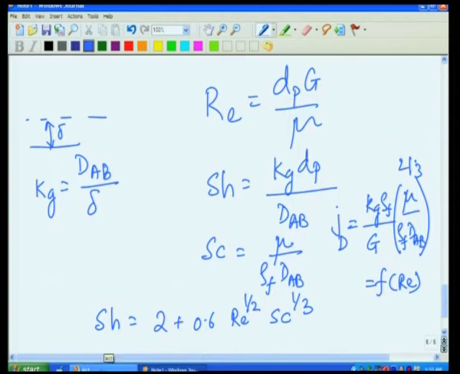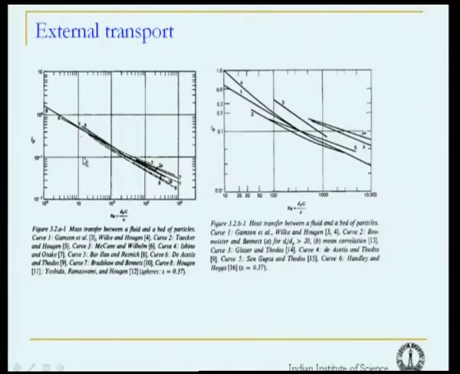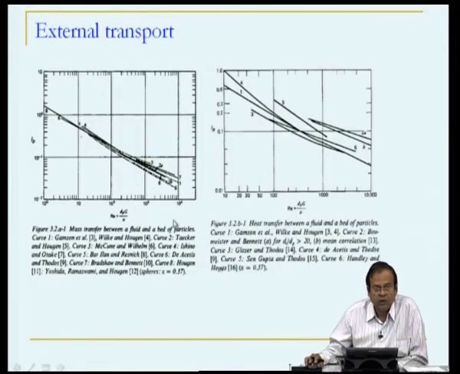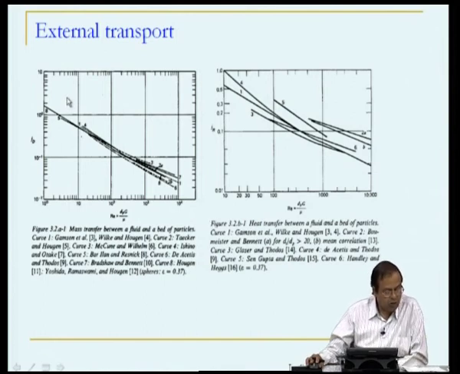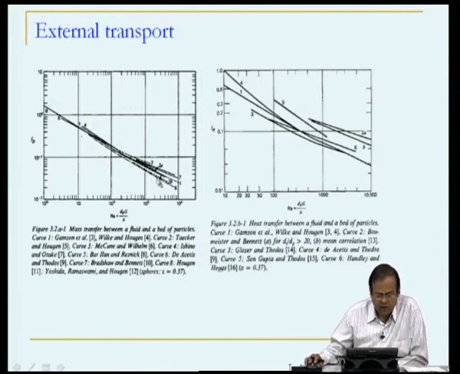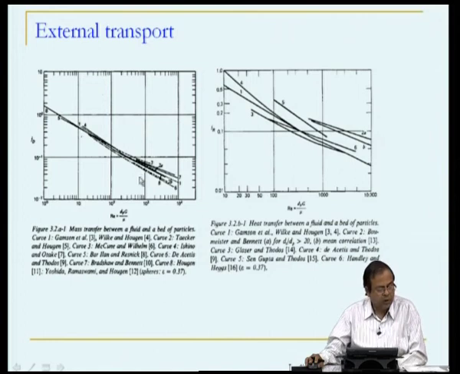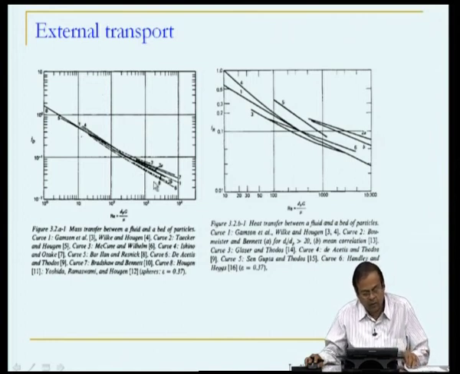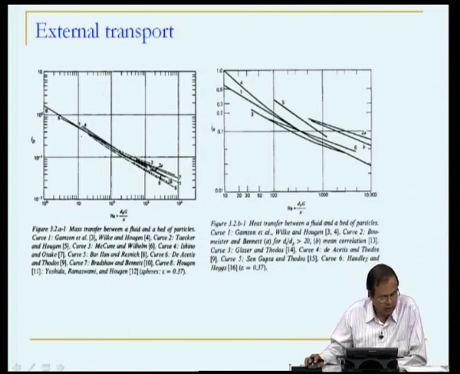What we see here is Reynolds number on the x axis and JD factor on the right hand side, and there is a fairly straight line correlation between JD and Reynolds number, and these are efforts by different researchers showing that the relationship is fairly straight line.